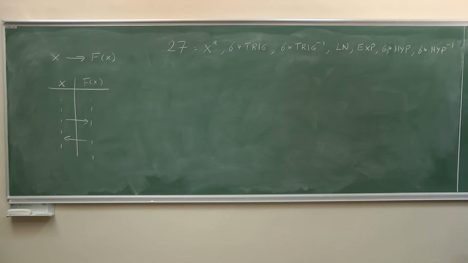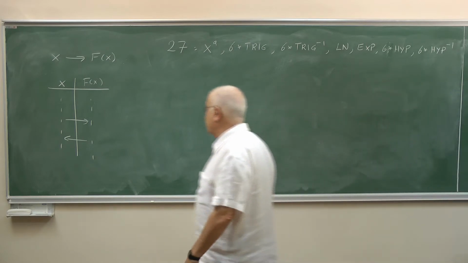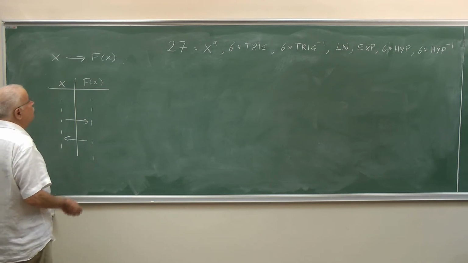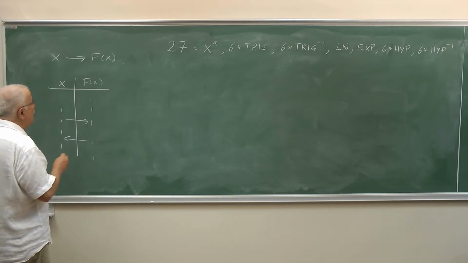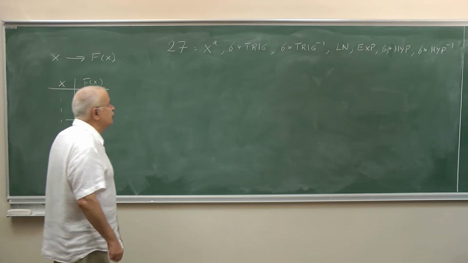In the numerical evaluation of functions, we realize that since it is a two-column table kind of structure, if we know how to evaluate a function, we also know how to evaluate the inverse function.